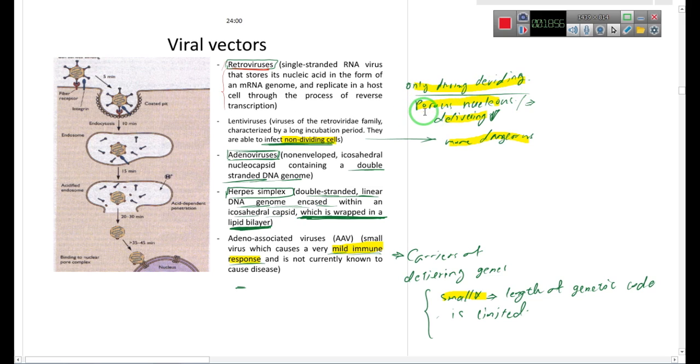The cellular membrane is going to be more porous so that the viruses can reach the nucleus.